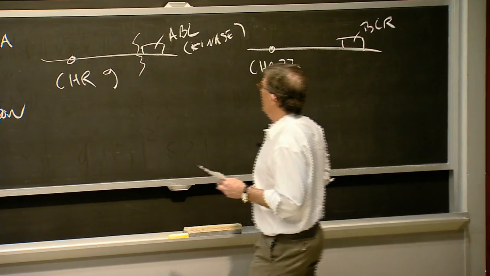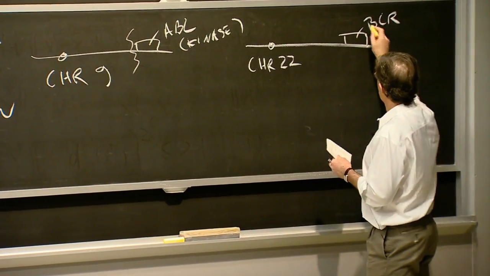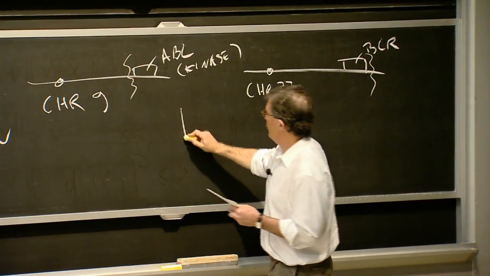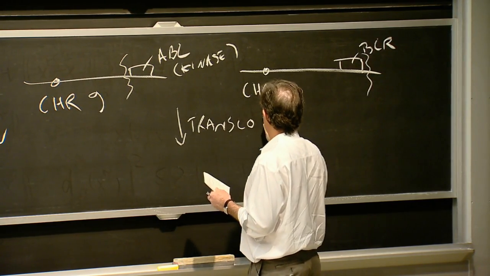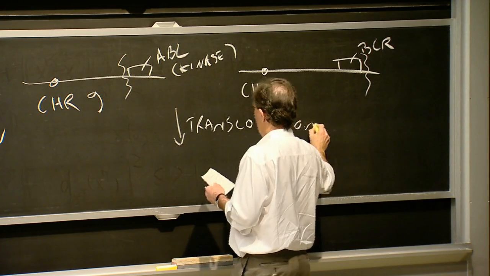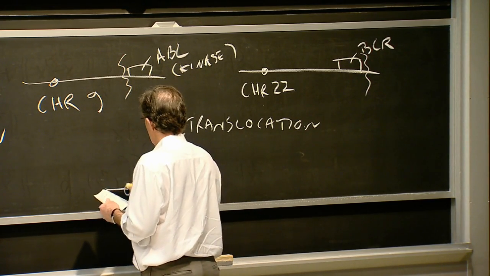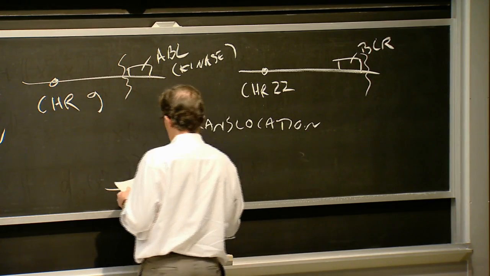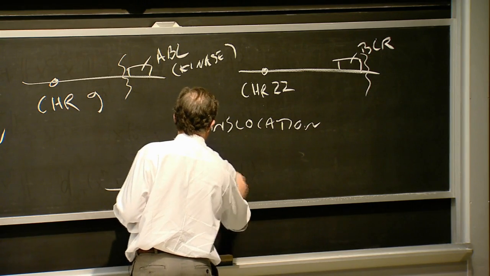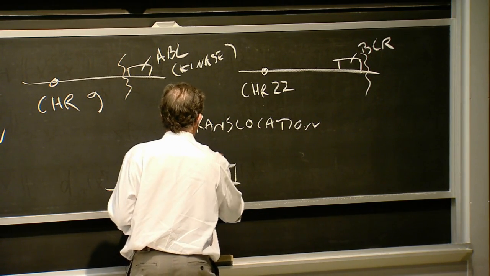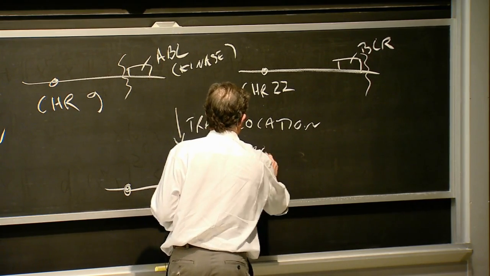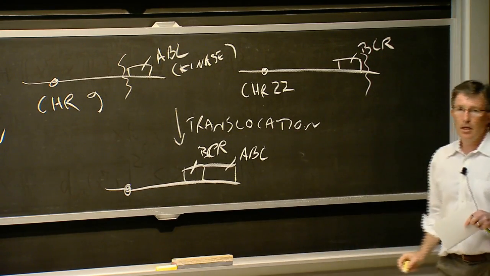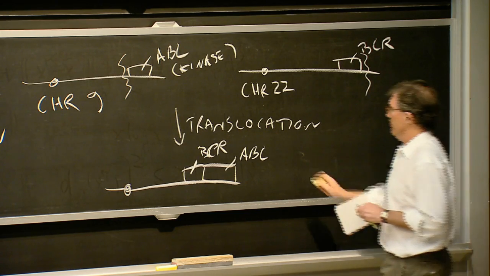Chromosome break events occur here, and a translocation results, which produces a new chromosome, the Philadelphia chromosome, which has the BCR gene and the ABL gene inappropriately fused to each other.